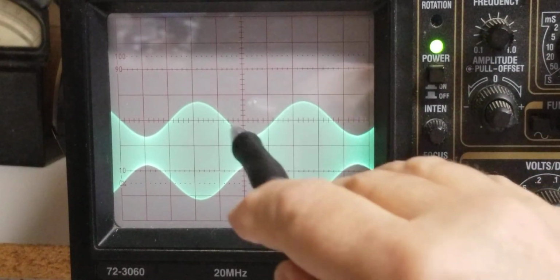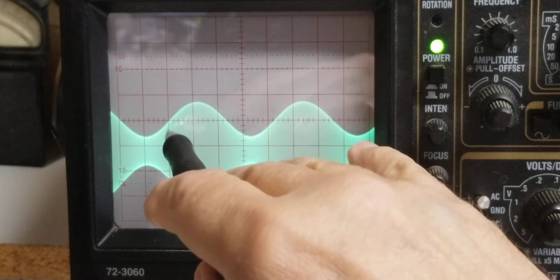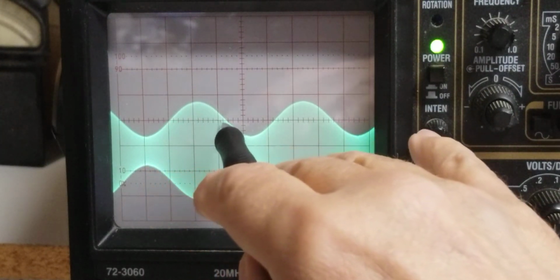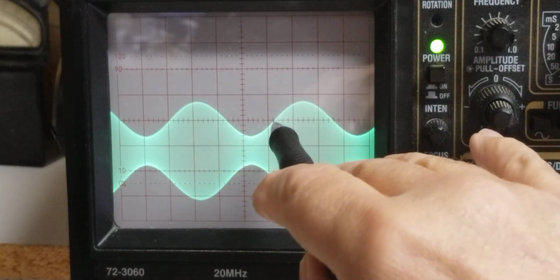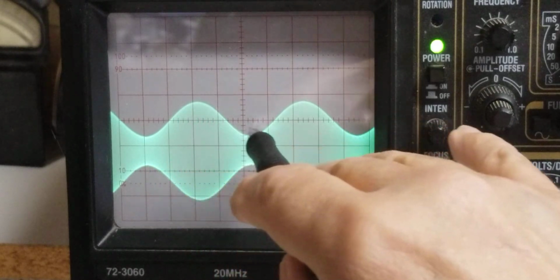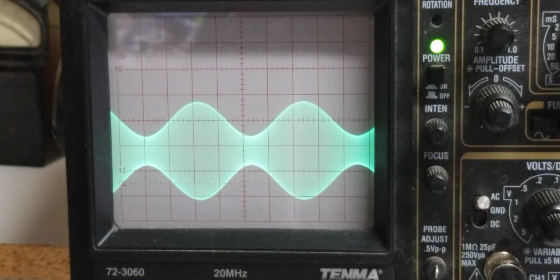So each of these divisions is 0.2 milliseconds. So from one end all the way to the other, I want you to estimate the total period of one cycle. And you're going to tell me that frequency, and that was the annoying frequency that I am right now broadcasting.